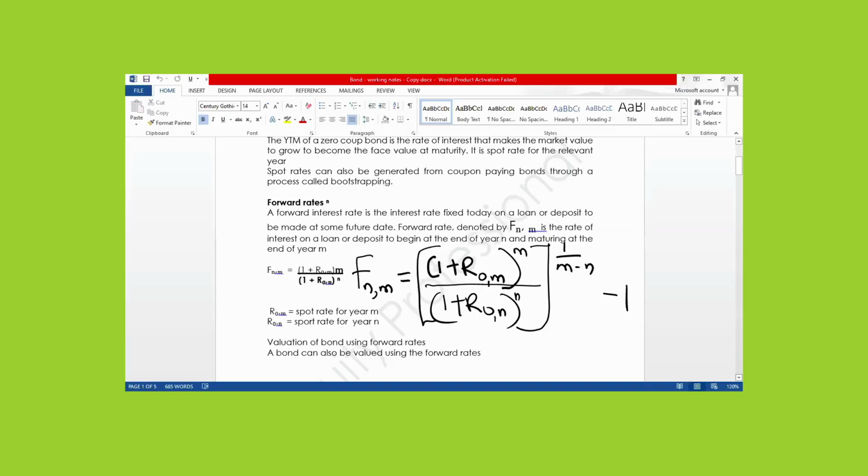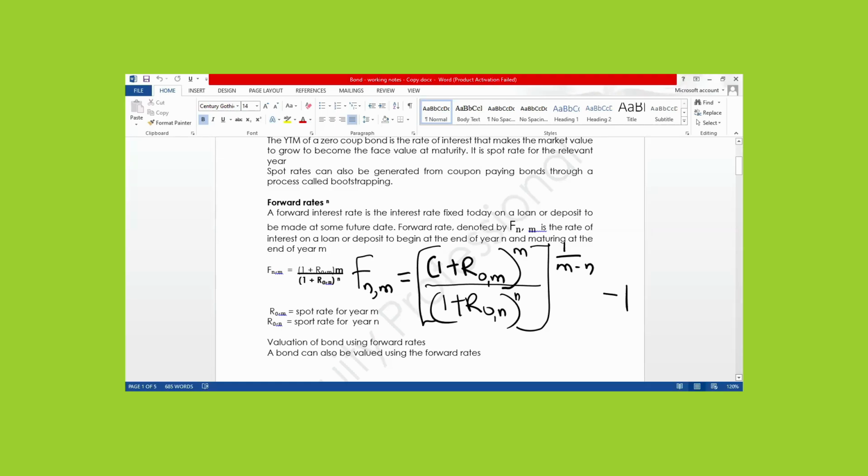That means forward rates commencing at the end of year 1, maturing at the end of year 5.